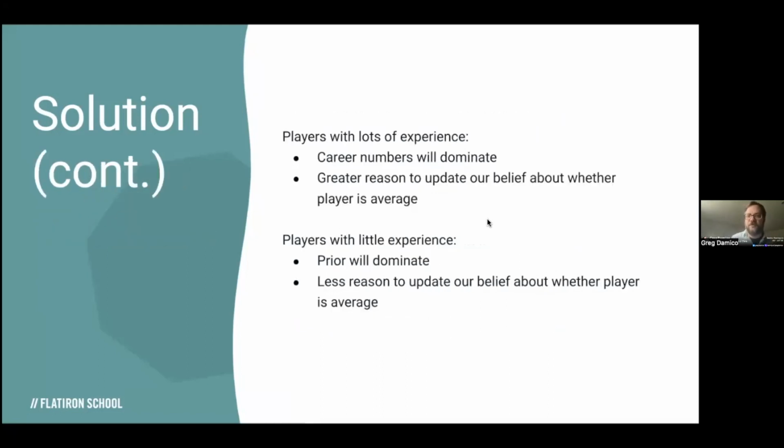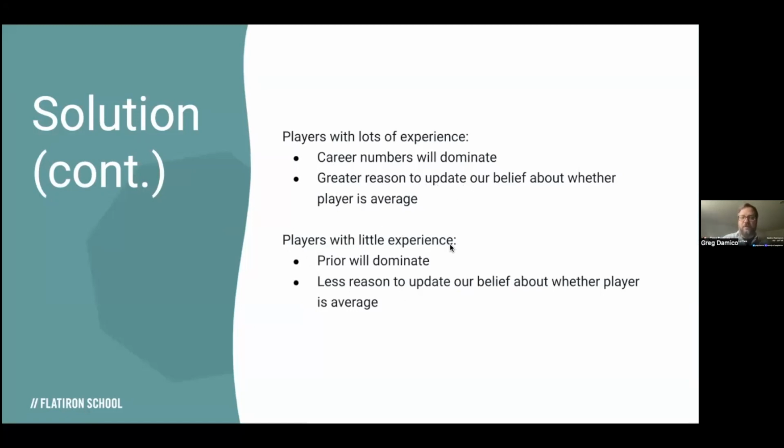Again, for a player with lots of experience, the career numbers will dominate. The prior will be washed away because we will have all sorts of reason to update our belief about whether that player is average. If the player is, for example, really good, then those career numbers will dominate the calculation, and we'll have an updated belief about this player's ability to get a hit.